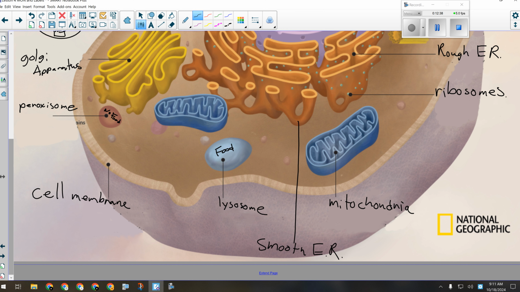So I had detoxify poisons, break down complex carbohydrates, make lipids. Oh, and fat soluble hormones. It can produce some fat soluble hormones. If your cell didn't have any smooth ER, it would be in real trouble, because that stuff does a lot of things, and every one of them is really important.